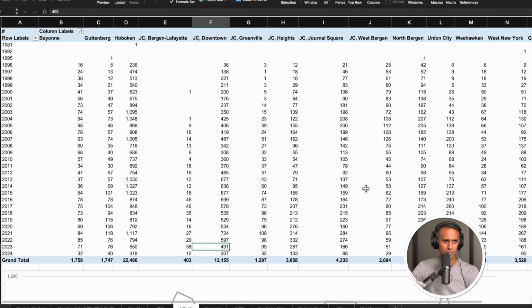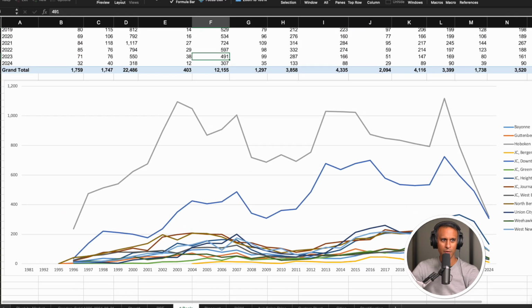I feel like one of the interesting things that's happening right now, like this is just the number of sales happening by market. It's kind of fallen off a cliff. There's so few listings right now. The agents are all having to work really hard to get their listings because there's not many of them going around. And the average sales price in these markets has gone up significantly over time.